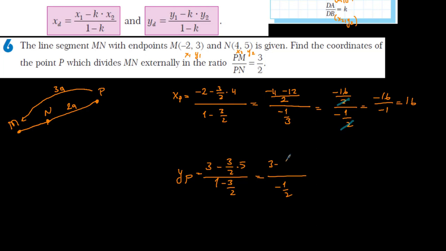This is 3 minus 15 over 2, it should be, which is equal to 2 times 3, equal to 6, minus 6 minus 15 is equal to minus 9 over 2 divided by minus 1 over 2. Again, the 2's are simplified here. The answer is minus 9 over minus 1, which is equal to 9, it has to be.